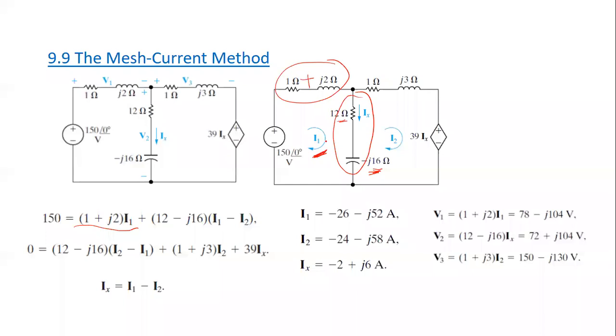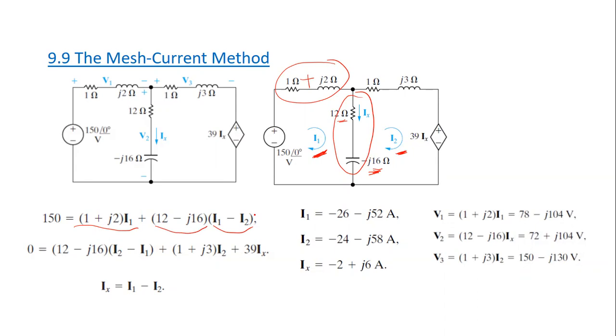By I1 minus I2, because I2 is also flowing through this impedance in the opposite direction. So it is 12 minus j16, the impedance of the branch, times the current in this branch, which is I1 minus I2. So this will be KVL for the first mesh. Is it clear, please? Yes, it is. Yes, Professor.